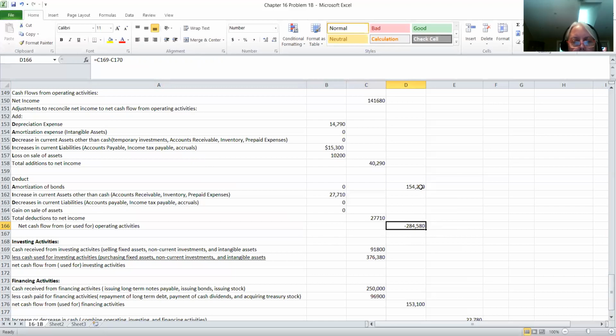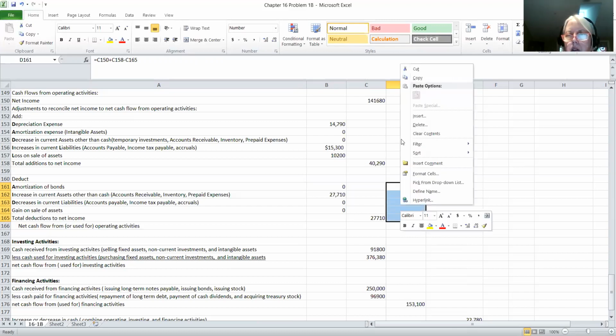Okay, again, net income plus the additions less the total deductions is this amount. Shouldn't be here. It should be on down. Okay, let me fix this.